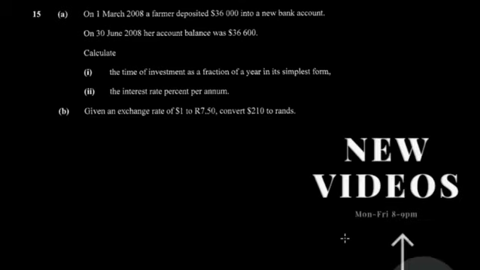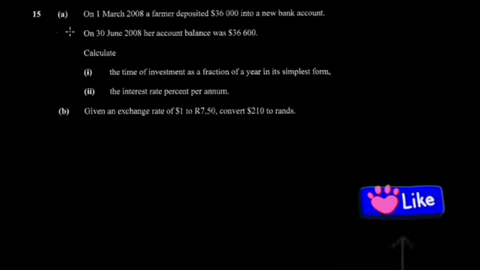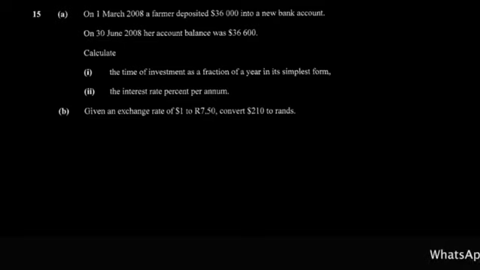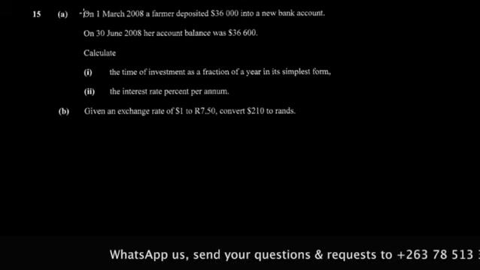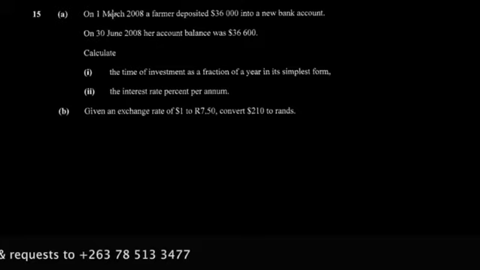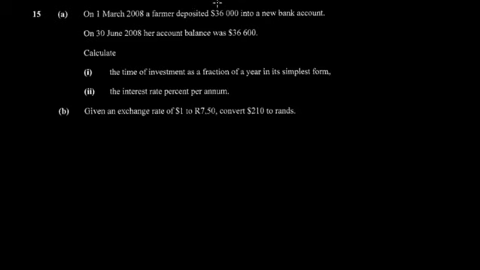So we're continuing from question 15. This one is not as tough as it would seem. It says 15a: on 1 March 2008, a farmer deposited $36,000 into a bank account.